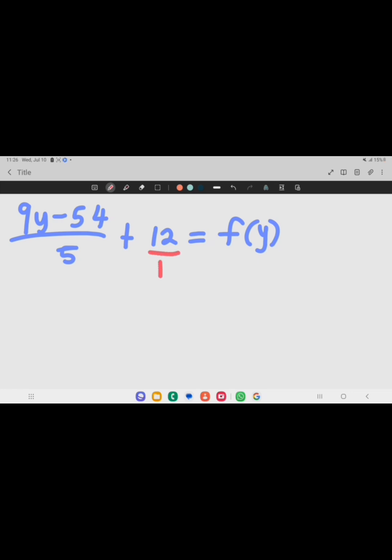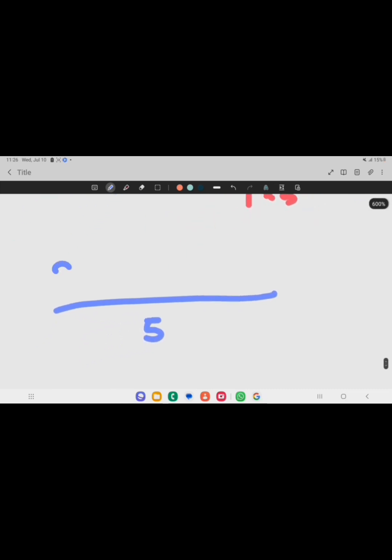How can you combine them into a single fraction? You must make the denominator the same. The bottom one you just times with 5. When the bottom you times with 5, the top you must also times with 5. Now the denominator is the same, which is 5.